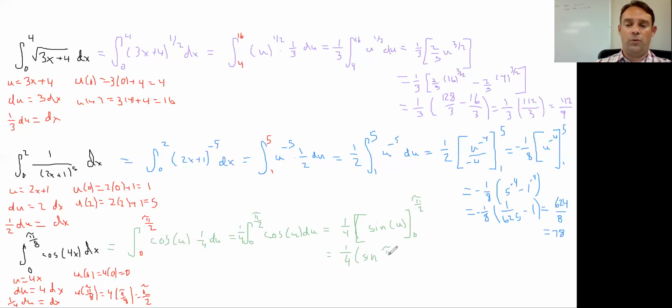We always have to go one step further with those guys. So we end up with 1/4 times 1 minus 0. So the entire answer is 1/4. There we go. All right, so there we have definite integrals and u substitution.